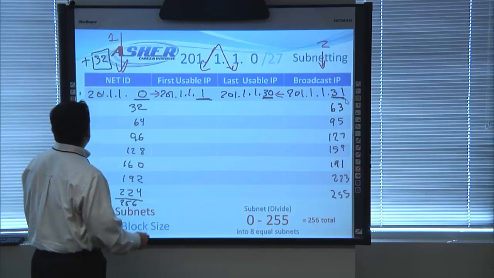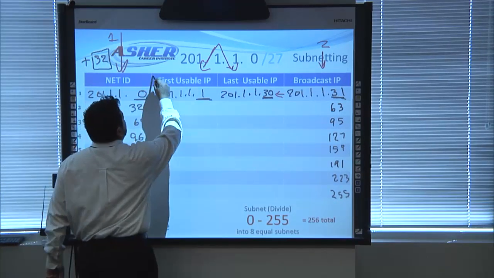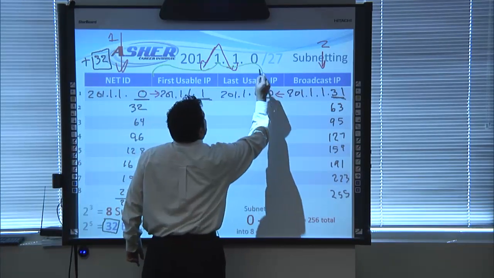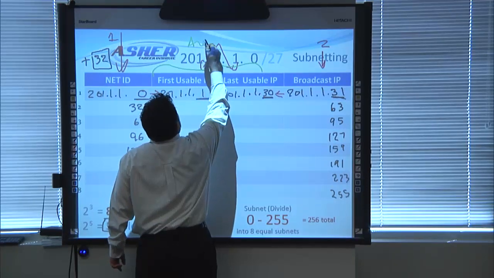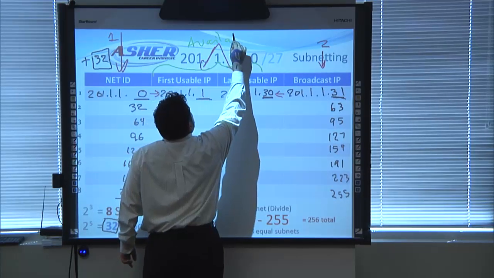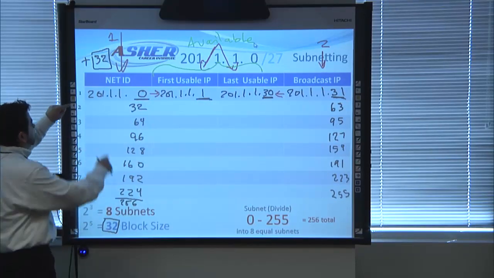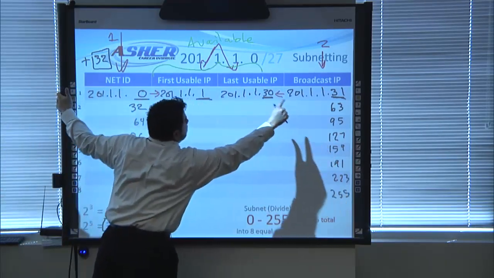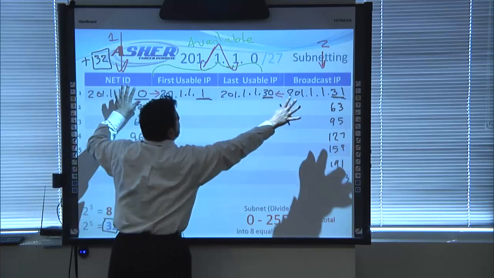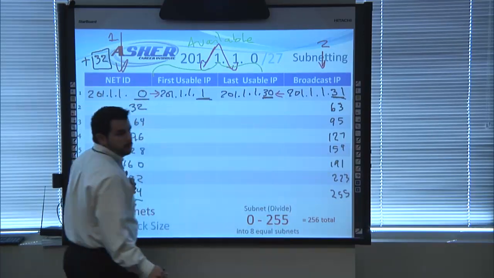So this group right here is known as our available IP addresses. This is what we can use. This is the range, but the range minus 2 gives us our available.